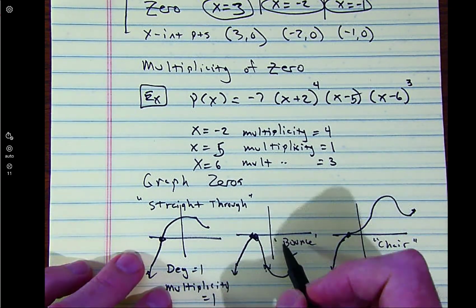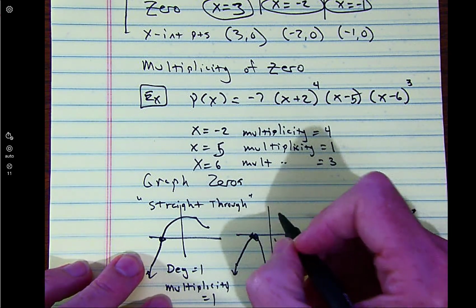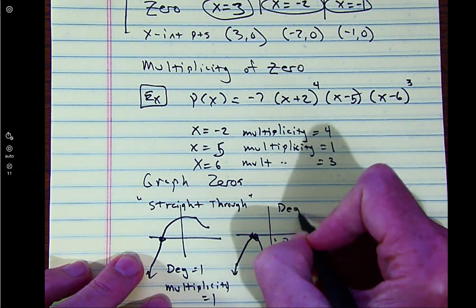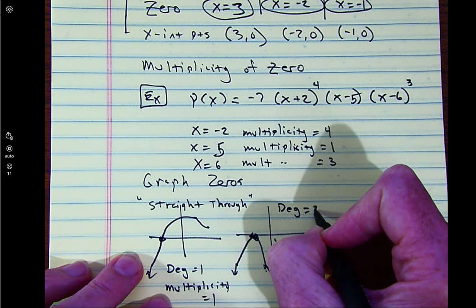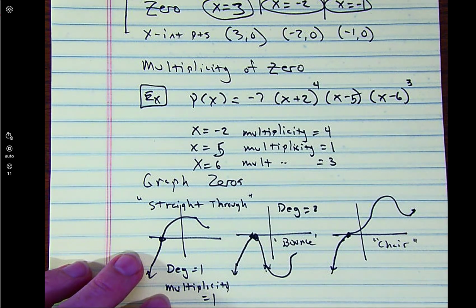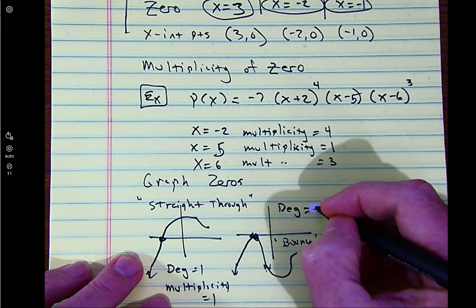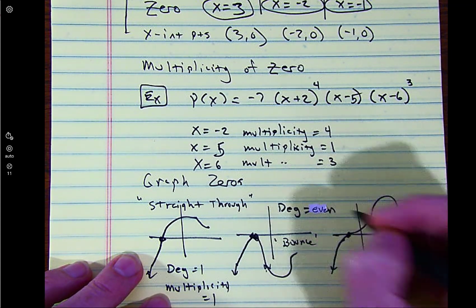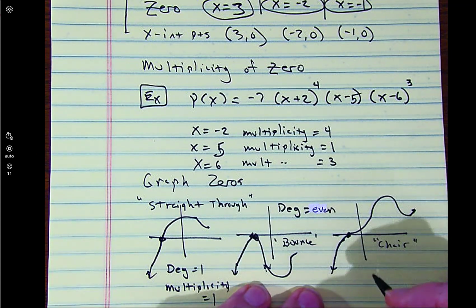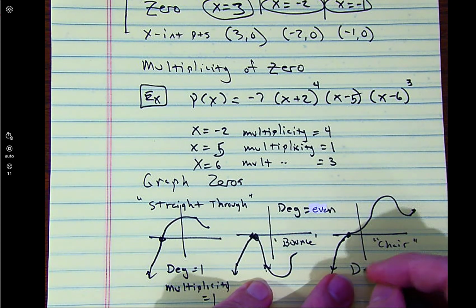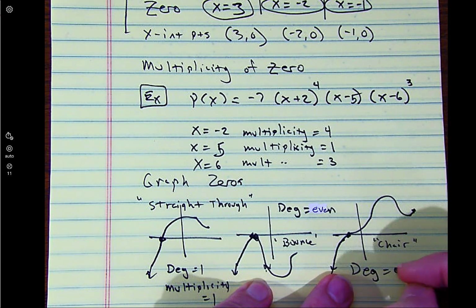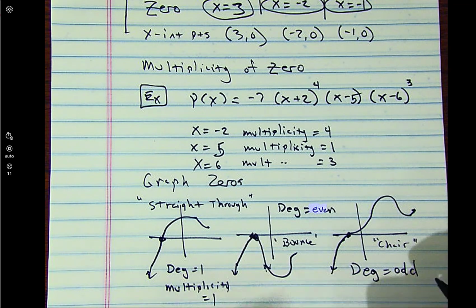And the bounces always occur when the multiplicity equals an even degree: 2, 4, 6, 8, 10. And the chair always happens when the degree or multiplicity equals an odd number bigger than 1.